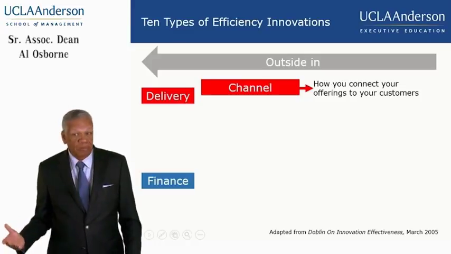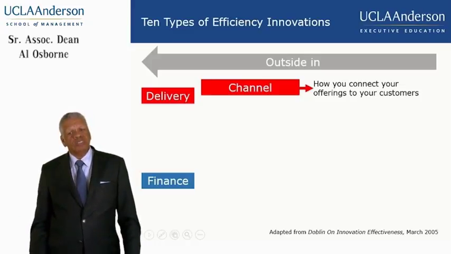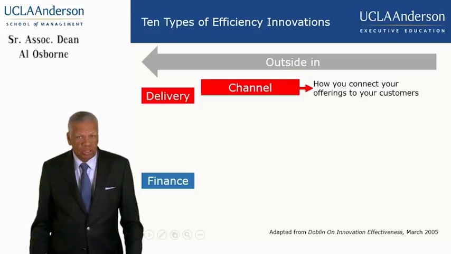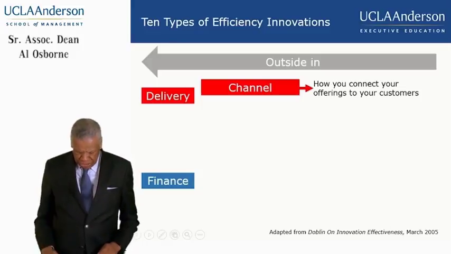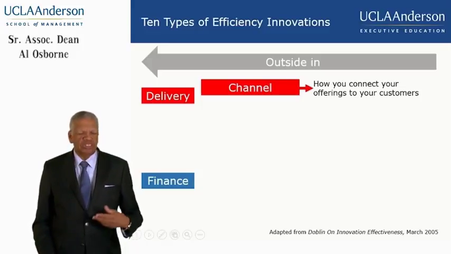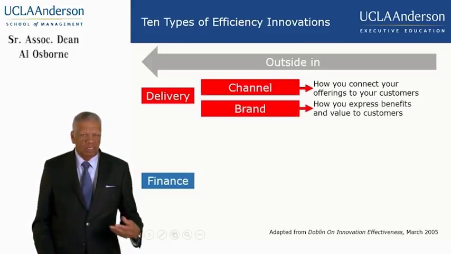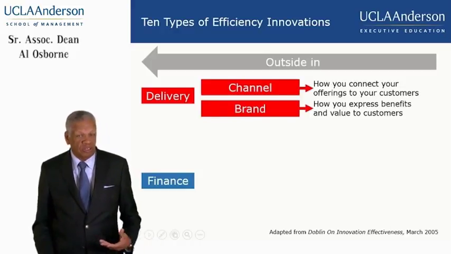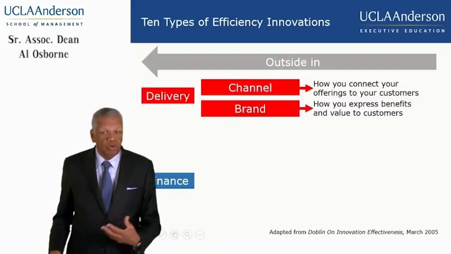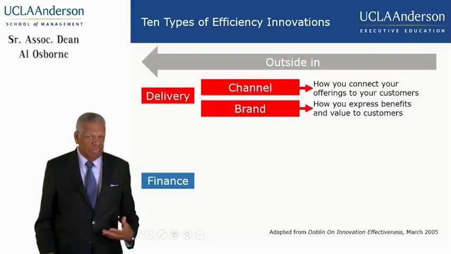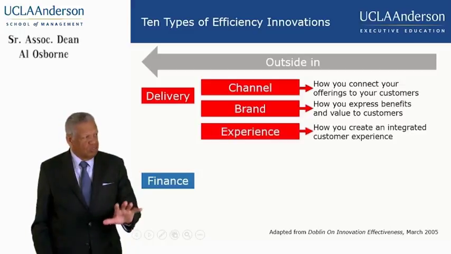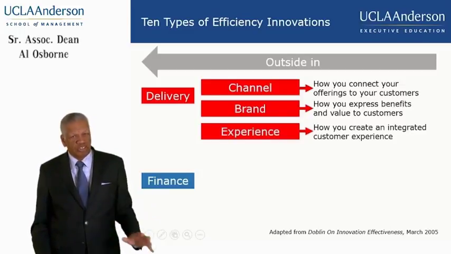This could be, for example, online distribution of a product, as opposed to going to a retail store. So that's one way in which there are innovations in the delivery systems, innovations in how the brand is developed, how you express the benefits to consumers, how you reach them and let them know what the value is that you're providing by how you develop the brand expression from the outside, awareness and so on.